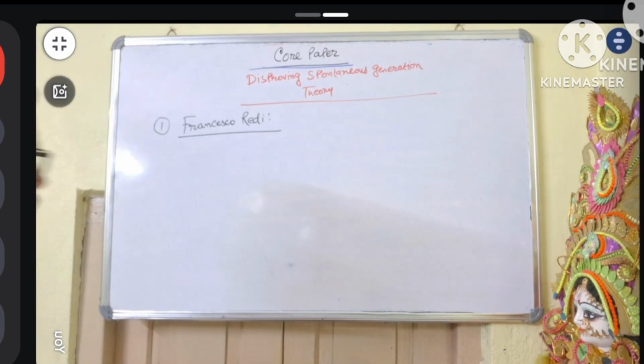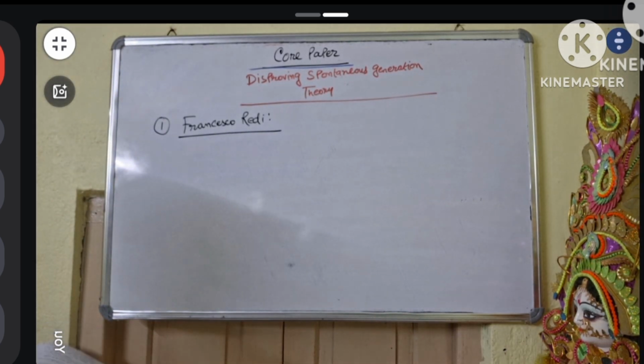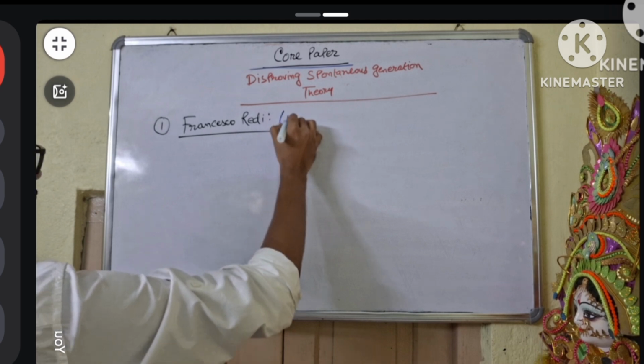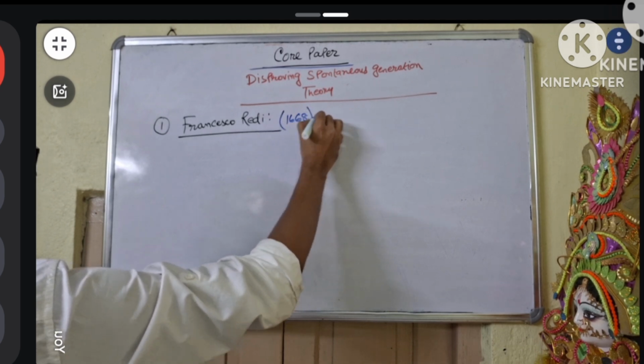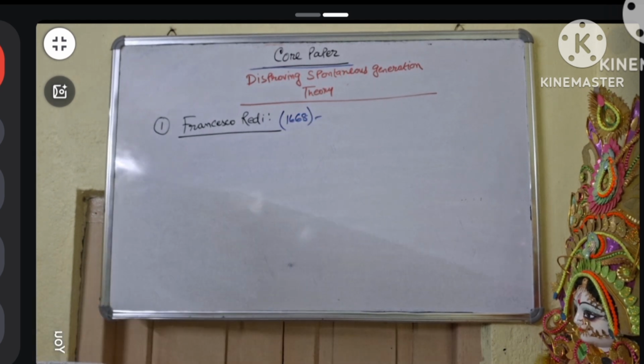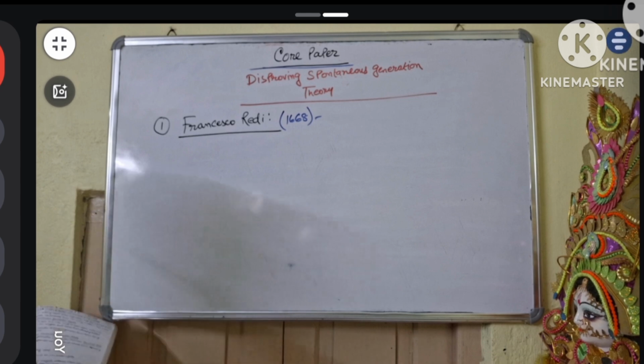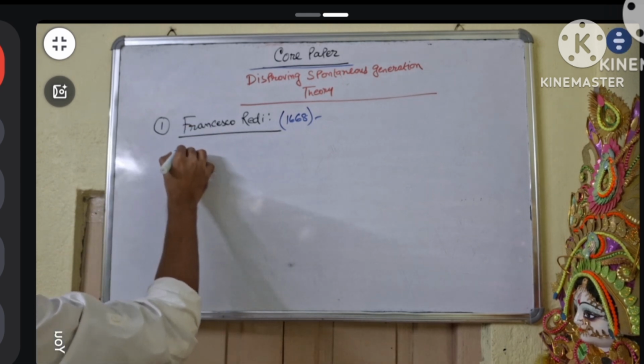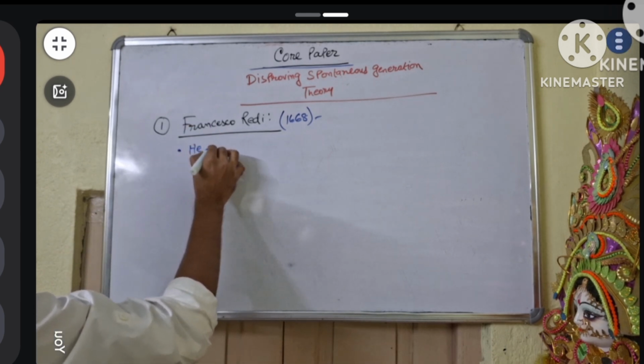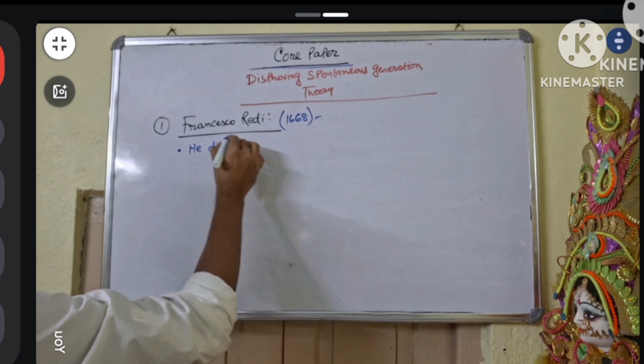In the year 1668, in the later half of the 17th century, Francisco Redi first wanted to disprove this spontaneous generation theory. He did two experiments, very simple experiments.